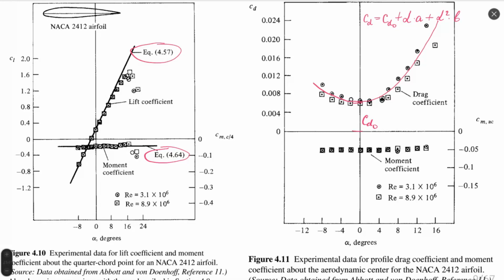Probably the curve will look like this. So we can guess the shape, but it's not analytical. We cannot call it an analytical solution because it's purely analysis of data.